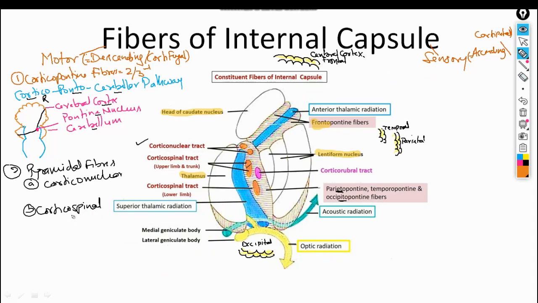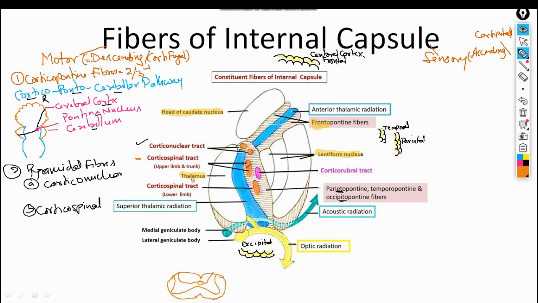The next motor fiber is the corticospinal fiber. Here you can see this corticospinal tract fiber. This is present in the posterior limb of the internal capsule. Now to understand this, I have to draw the section of the spinal cord. So let's see the spinal cord first.